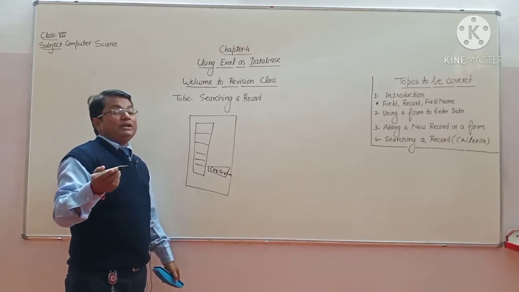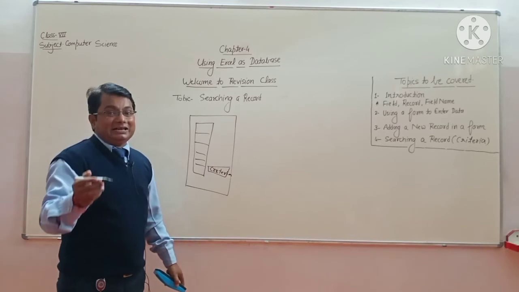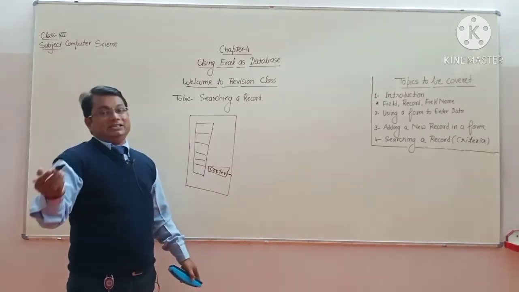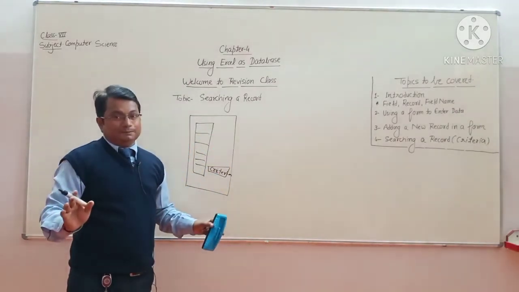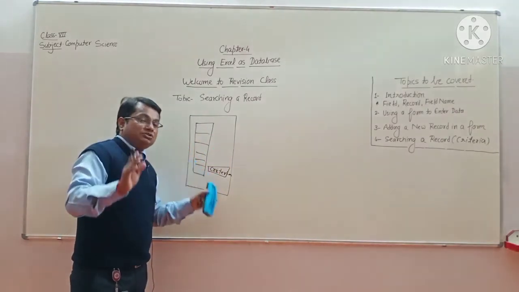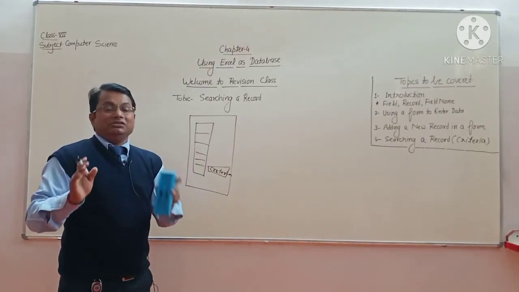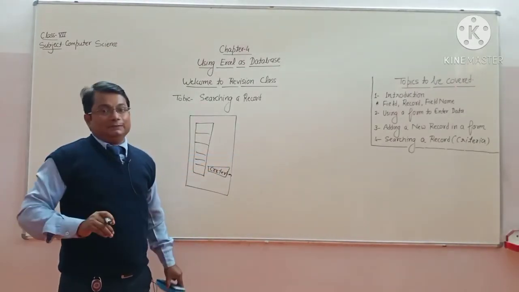Likewise, if you enter your Aadhaar number, your mobile number, your PAN card number, your passport number, or any other criteria, each and everything will be a unique number. And by having that unique number, you are able to search which data you want. The whole particular data will appear.